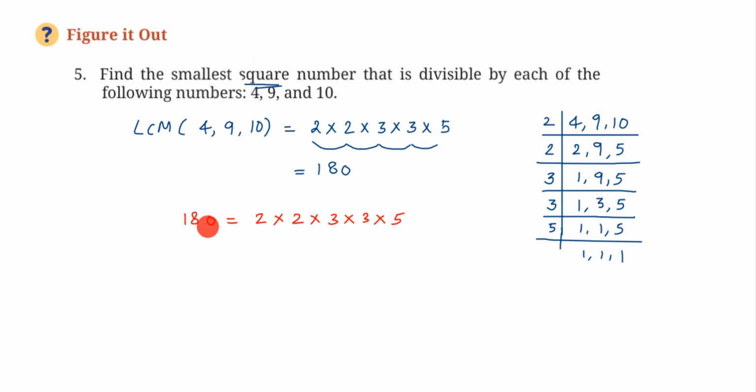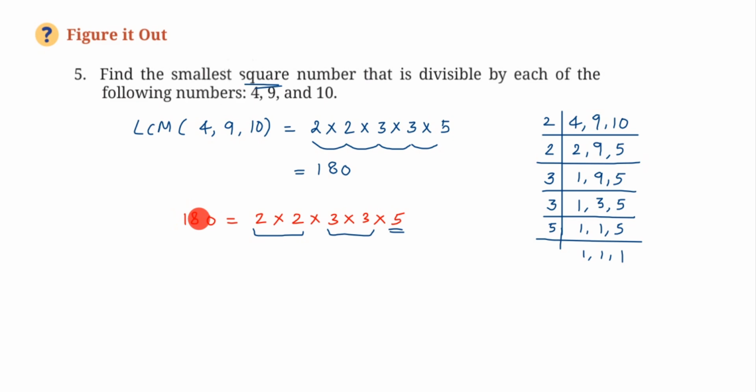So if you look at the prime factors, for a perfect square number, the prime factors will always be in pairs. Now here we have one pair of 2, one pair of 3, but for 5 we don't have a pair. This means 180 is not a perfect square number. So this is not the smallest square number which is divisible by 4.